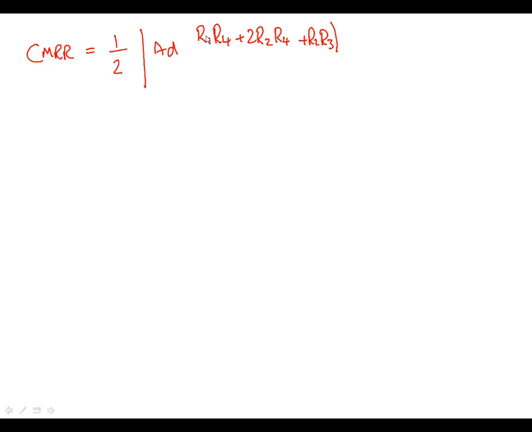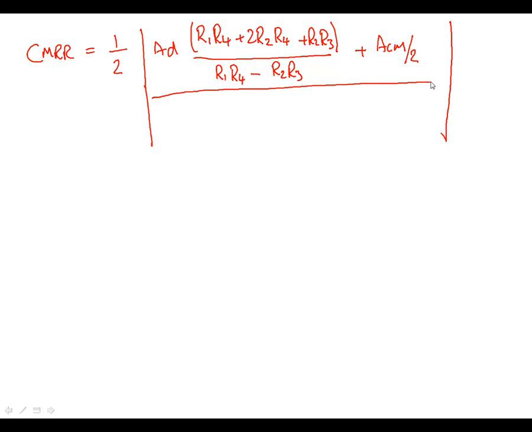I'm going to put that in brackets. All divided by R1 R4 minus R2 R3. So I'm left with ACM over 2 there. Okay, that's just the numerator. Let's look at the denominator.